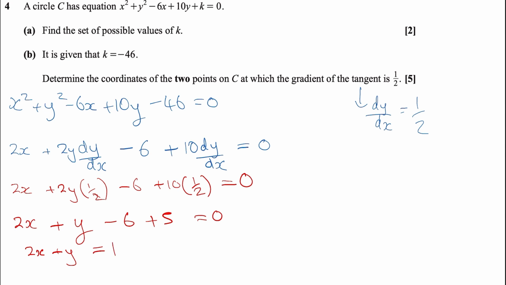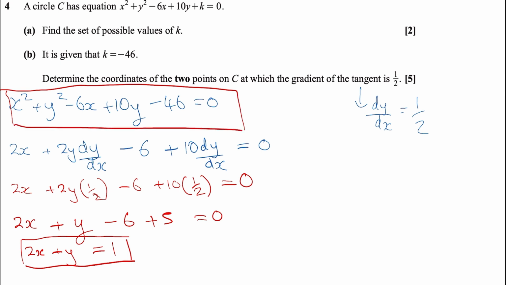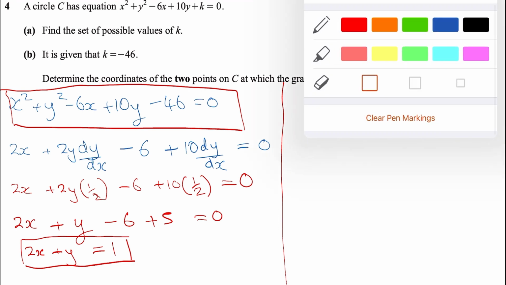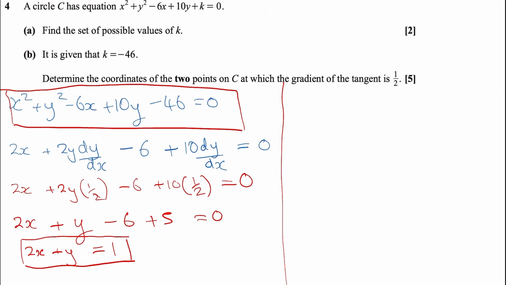Okay, where do I go from here? Well, I need to solve this simultaneously with my original equation. Okay, so let me just get a bit of space here. We'll get rid of this. And we'll see what we can do. So from here, I'm going to rearrange to say that y is 1 minus 2x.